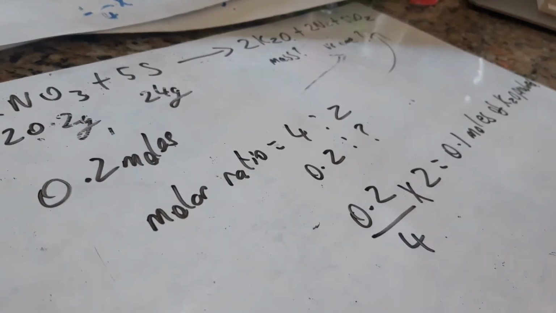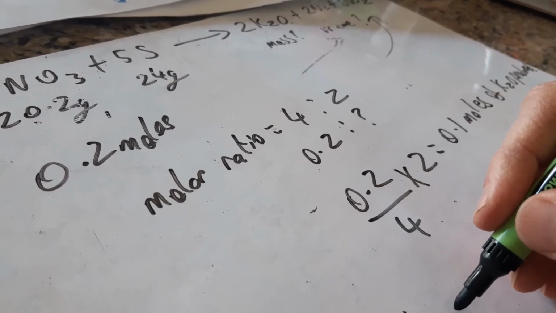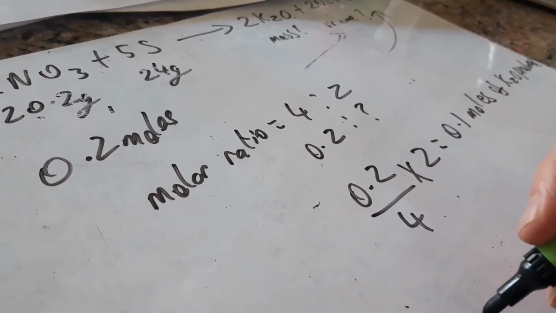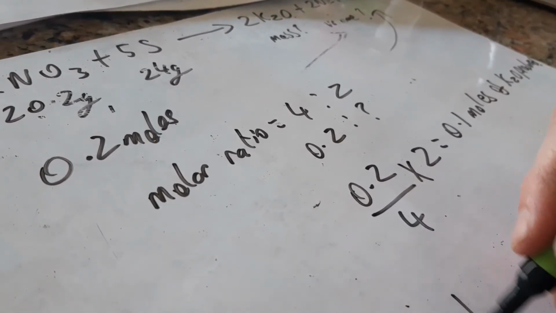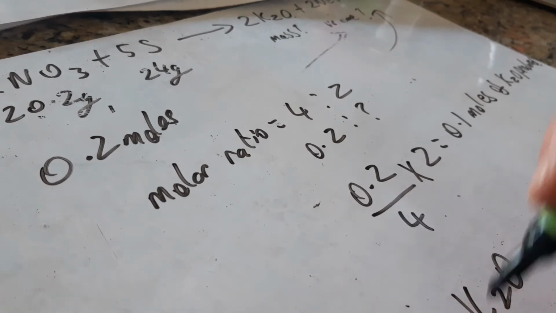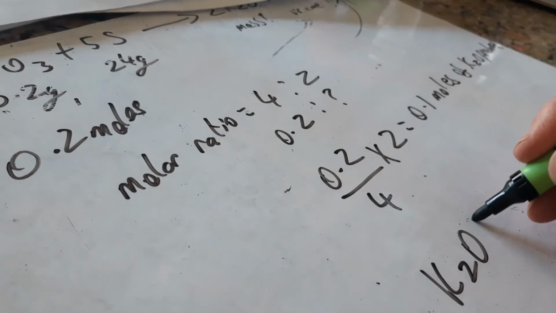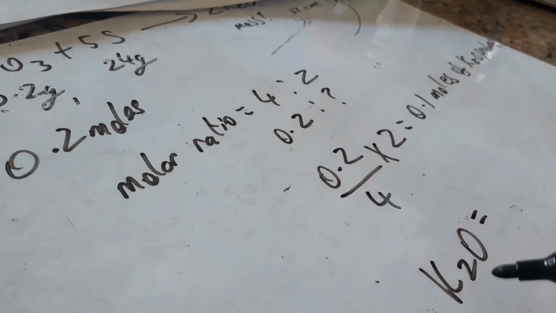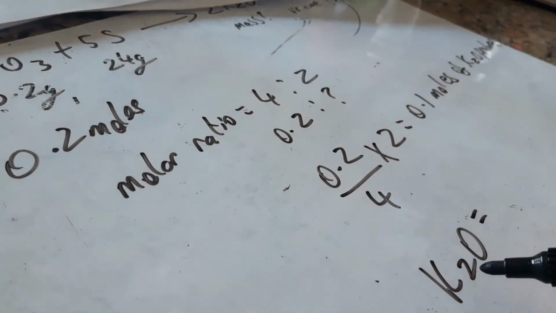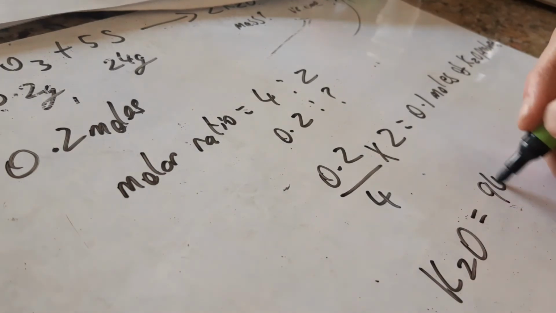Well, earlier on, in the earlier video, we already calculated the molar mass of potassium oxide, didn't we? No, we didn't. We haven't done that yet. So I'm going to do that now. 1 mole of potassium oxide is going to be equal to the atomic mass of potassium, which is 39, multiplied by 2, plus 16, and that gives me 94 grams.